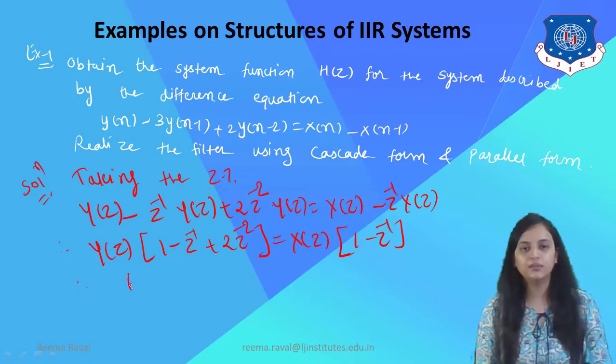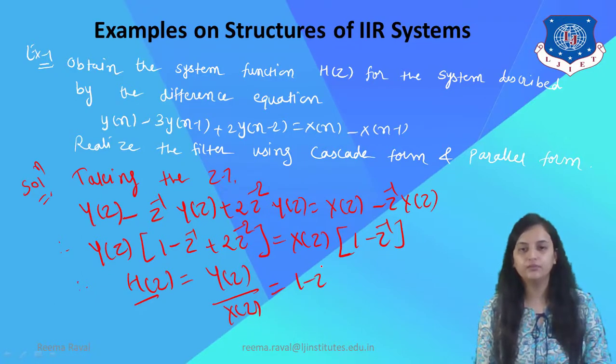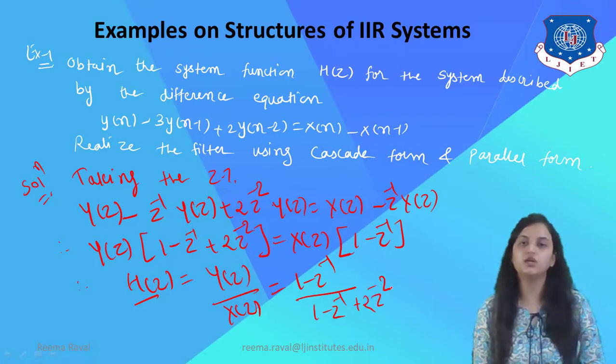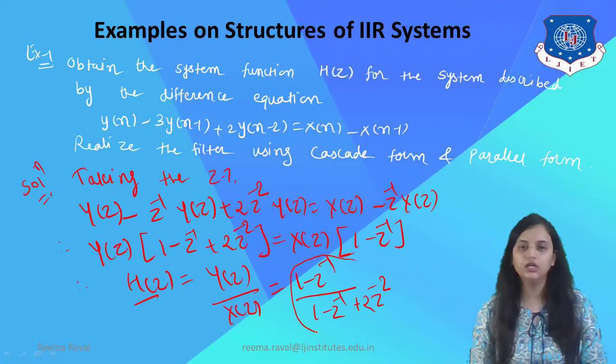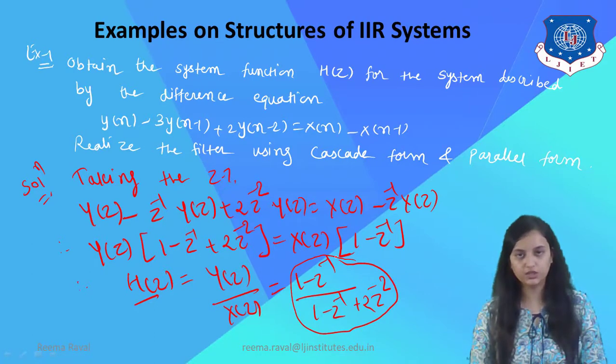So, the system transfer function H(z) is given as Y(z) divided by X(z), that will give 1 minus z inverse upon 1 minus z inverse plus 2z raised to minus 2. This is the transfer function. Now, using this transfer function, we will obtain the cascaded form structure and parallel form structure.